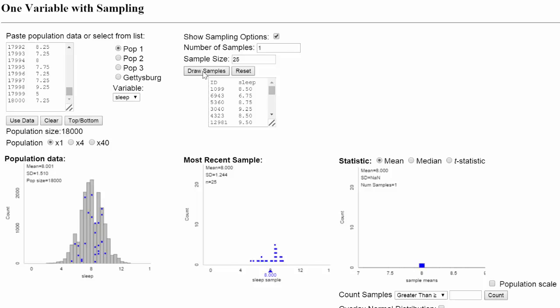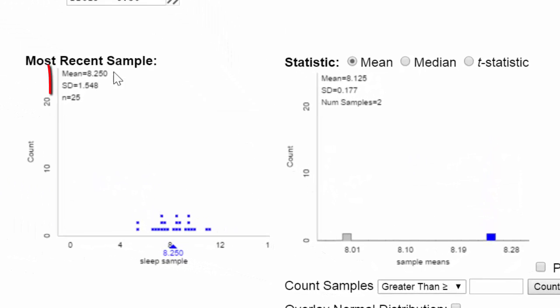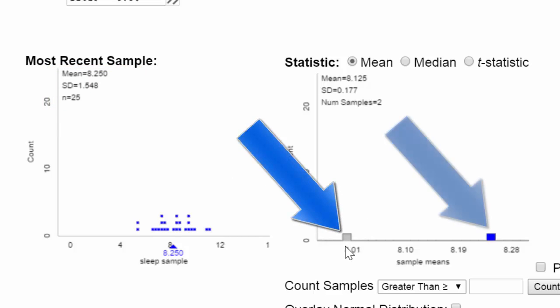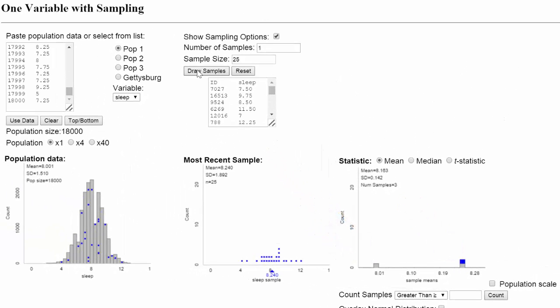Let's do it again. We did it again and we get a mean of 8.250, a little higher, and standard deviation of 1.548. And we can see here was the first sample mean plotted, and then we have the second one over here. Let's do this a few more times.